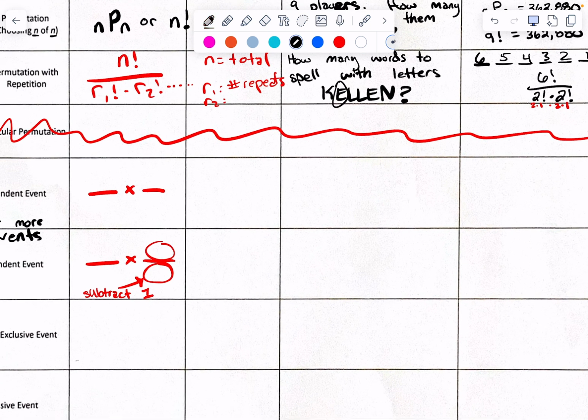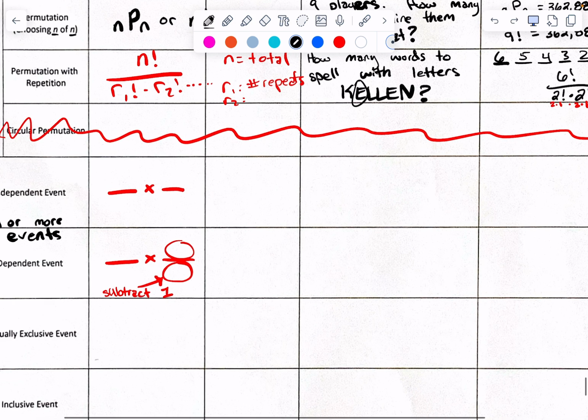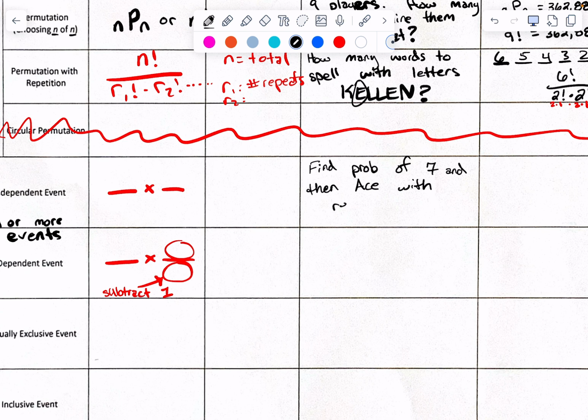Example. Should I do decks of cards? Find the probability of a 7 and then an ace with replacing, and a 7 and then an ace without replacing.